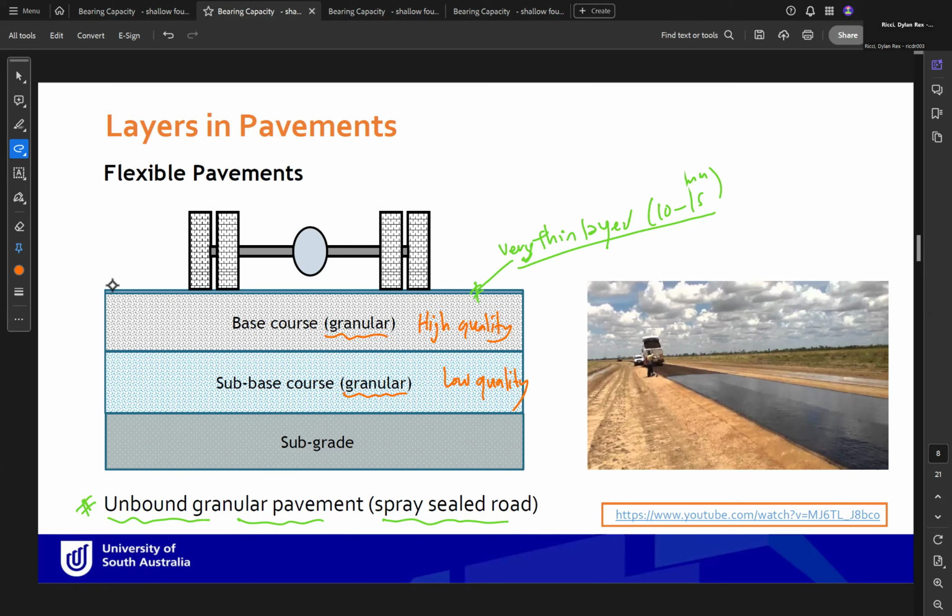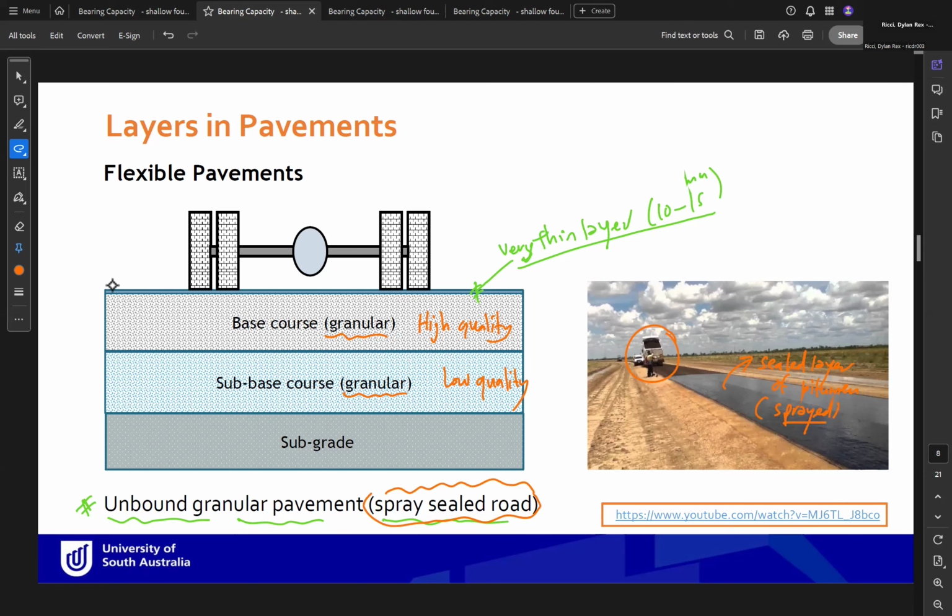Okay, and we can have a look at the video here. So this is the truck distributing the granular material, and then on top of that a sealed layer of bitumen. Okay, this can be sprayed. That's why this route is called spray sealed route.